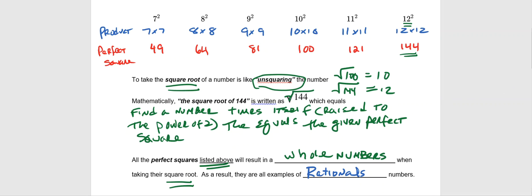So that is what the scope of this discussion is today, for you to understand clearly what the square root of a number is. It's unsquaring. And as long as we're looking at numbers that are perfect squares, we are going to consider the result as being whole numbers and therefore rational numbers. And that will lay the foundation for us to move on to talking about irrational numbers.